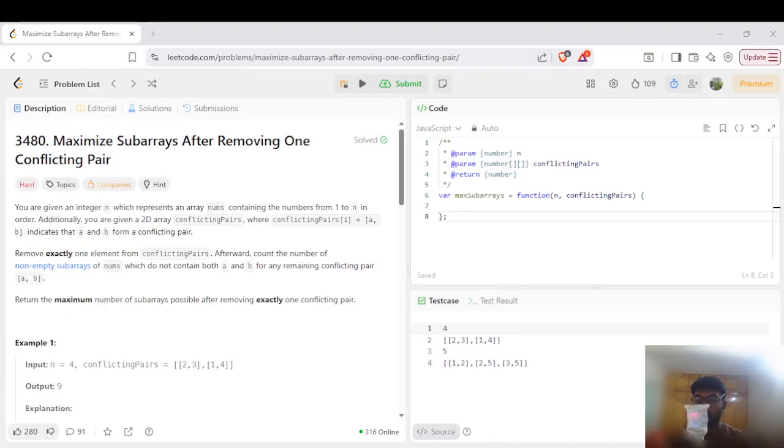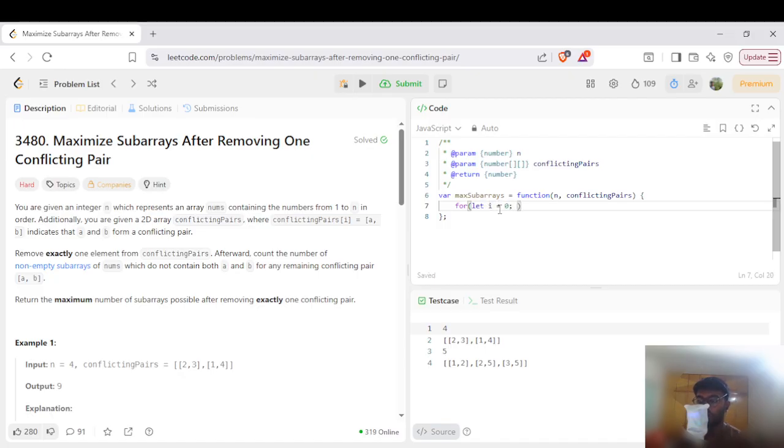I would start writing the logic for the greedy approach where we iterate through each conflicting pair. I will also add the code blocks for normalizing and sorting the conflicting pairs, but I will start writing with the for loop which iterates through the conflicting pairs.